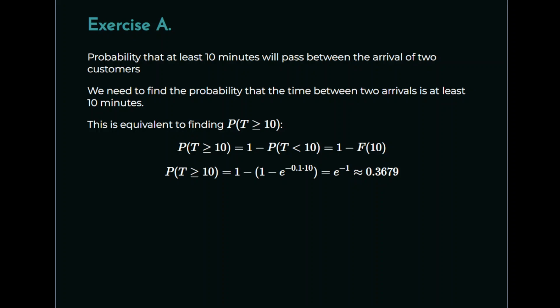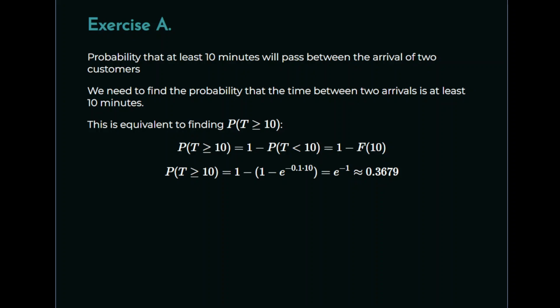That is the complement, which is to say 1 minus the probability of t being less than 10, which is the cumulative distribution function of 10. So essentially what we're asked to find here is 1 minus the CDF of 10. Now, if you work that out, 1 minus 1 minus the exponential of minus 0.1 times 10.